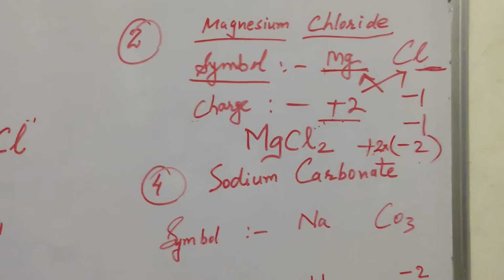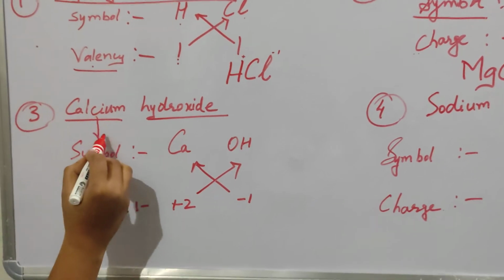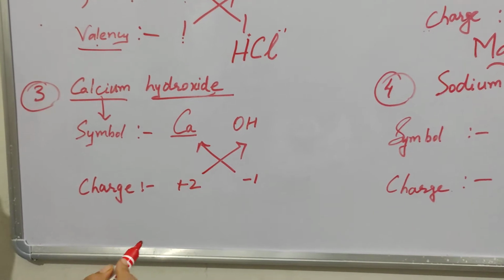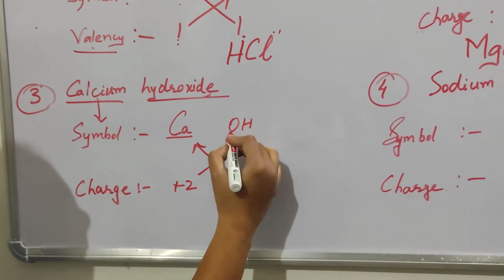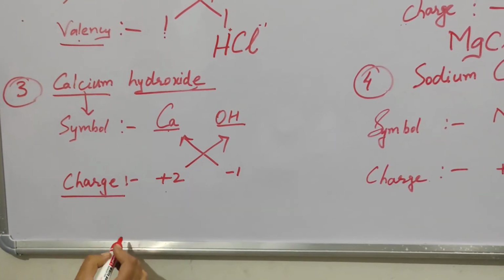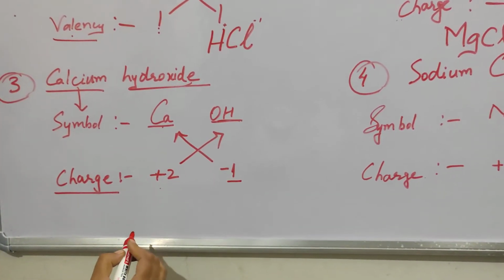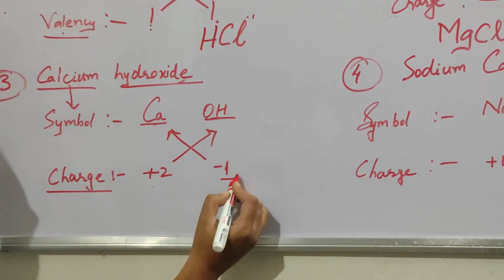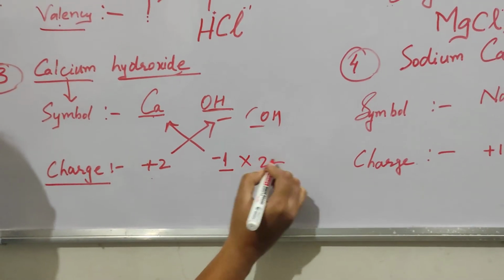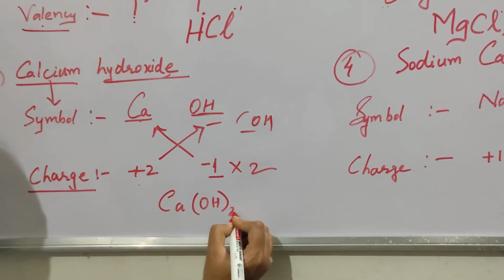Now come to the next, that is calcium hydroxide. For calcium the symbol is Ca. Hydroxide is a polyatomic, diatomic ion, so it is OH. Charge for calcium is plus 2. Now for OH it is minus 1. So it must be satisfied with one more OH minus here. So these two will get together to form Ca(OH)2, whole twice.